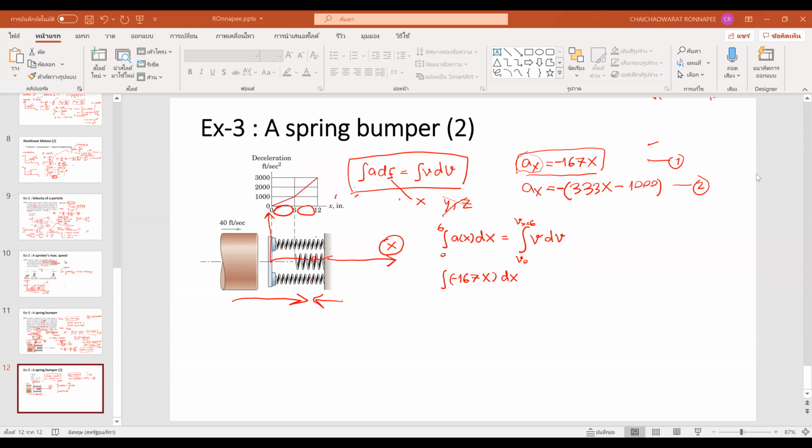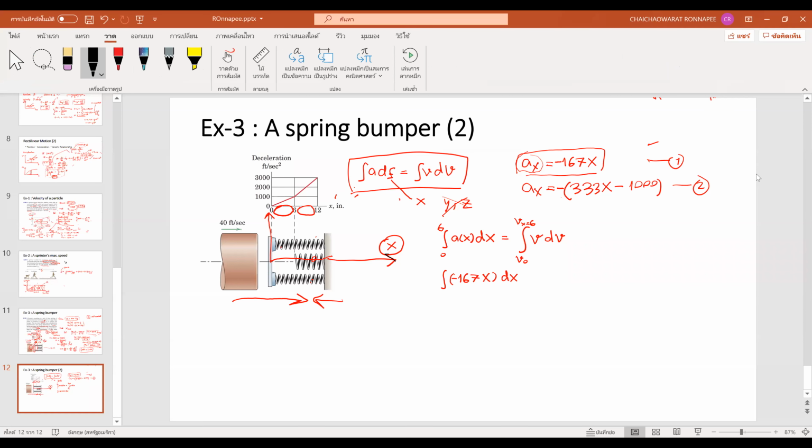Do you understand my explanation why we need to have the negative sign for the acceleration? Because in our motion, we define the positive x direction to the right hand side.